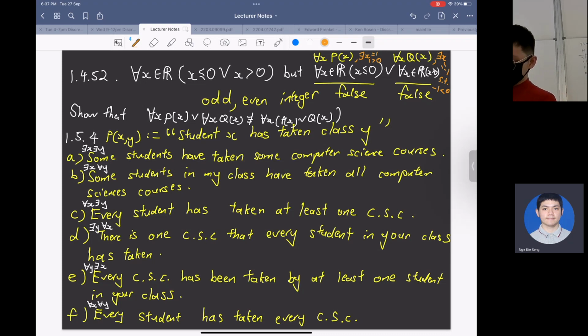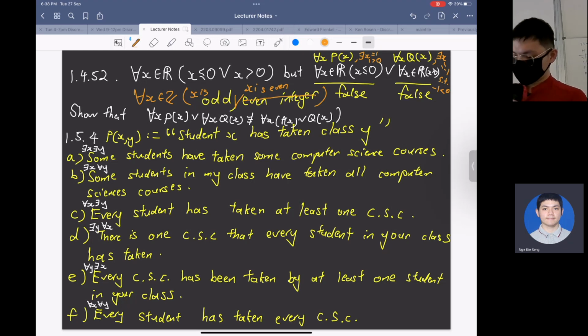And you also can use the integers, so maybe split the integers into odd or even. Okay. And then the next one, 1.5.4.